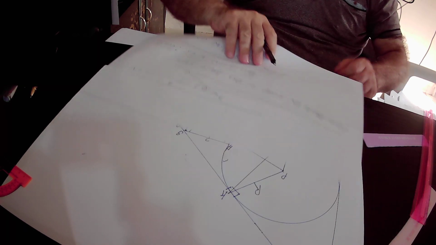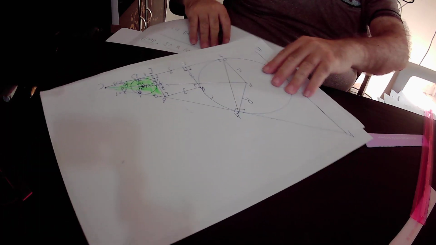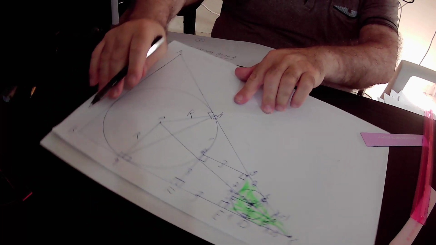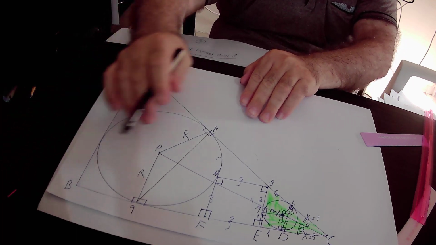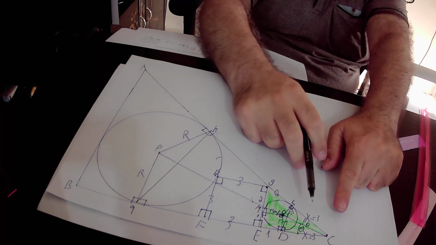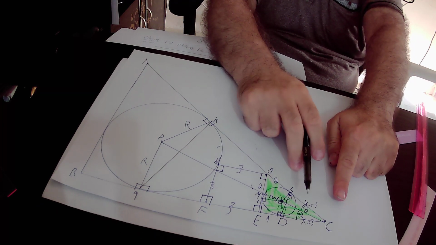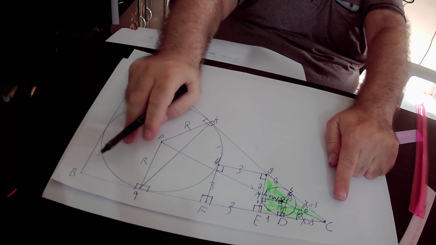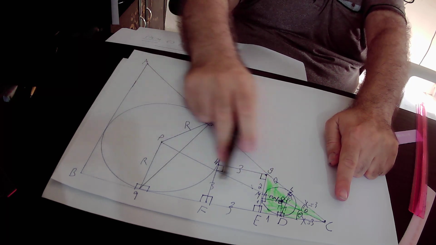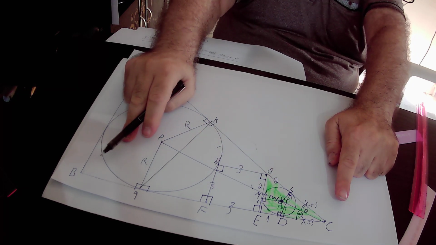You can see it from the drawing, it is very easy to see, that CE is part of BC.